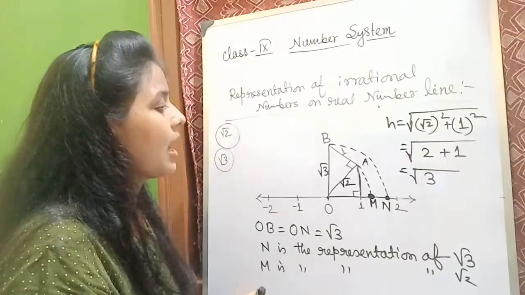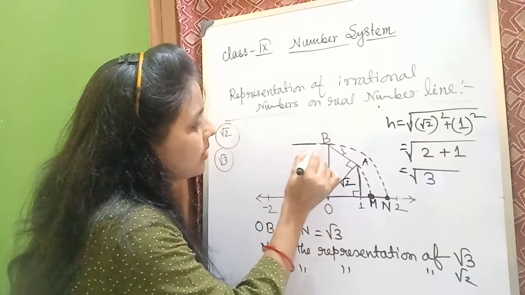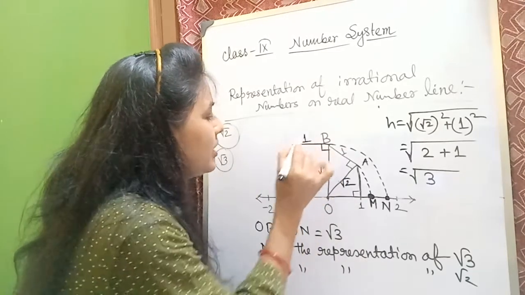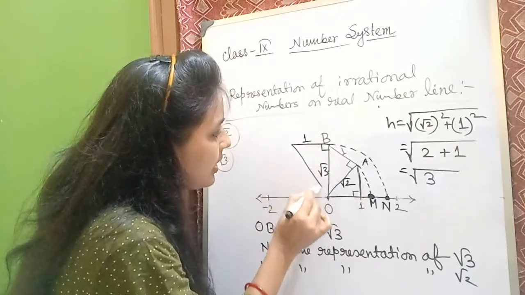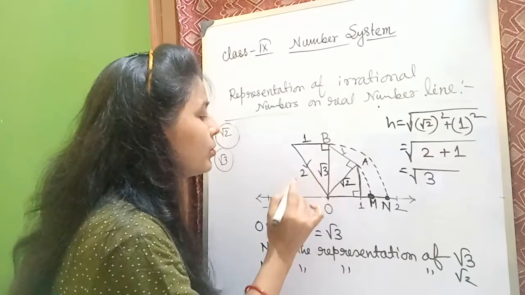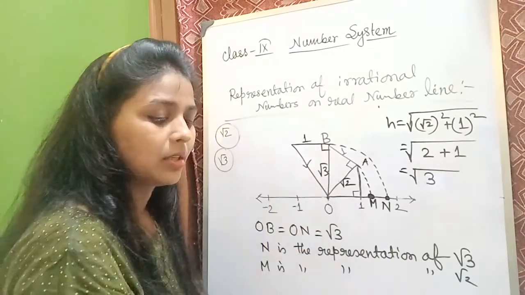How? If we add another perpendicular on OB, which is 1 unit again, and you draw it, then you will get this one as 2. 2 means root 4.